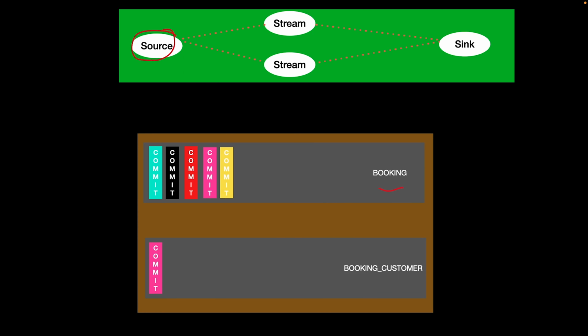So if another message is pushed into the booking topic, the source processor will process the data, the stream processor will perform the various operations on top of that, and the sink processor is going to write that data back to the booking_customer topic. So this is the high-level architecture of Kafka Streams.